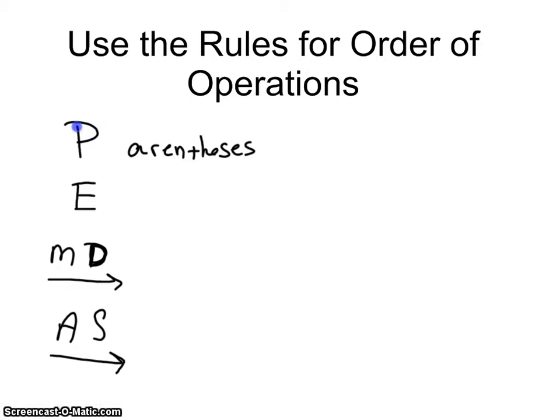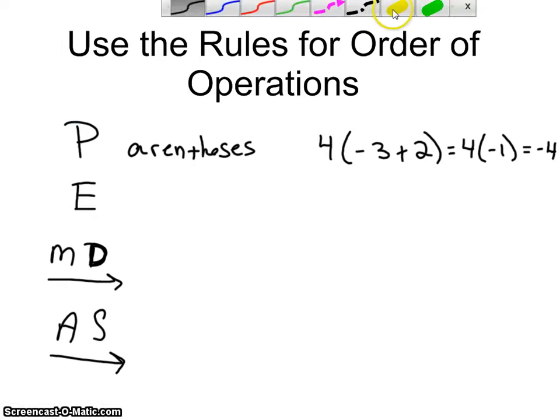So for example, if you had 4 times (-3 plus 2), you would do the -3 plus 2 first. So that's 4 times, and then -3 plus 2 is -1. So now we have 4 times -1, and that's -4. So that's an operation inside parentheses. An operation means there's some kind of plus, minus, multiply, divide going on inside the parentheses. There could be an exponent in there too.